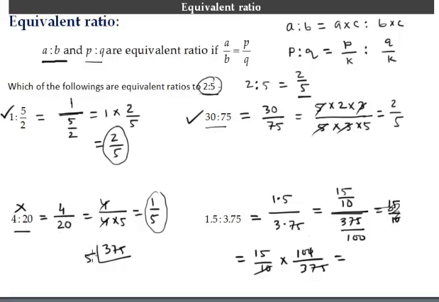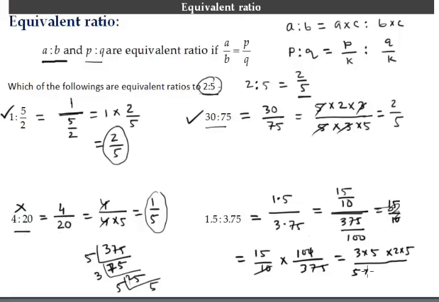Now let us break 375. 375, if we divide by 5, then it will be 75, and if we divide by 3, it will be 25. Okay, let us do a little bit more. 15 can be written as 3 times 5. 10 can be written as 2 times 5 on the top, and 375 can be written as 5 times 3 times 5 times 5.